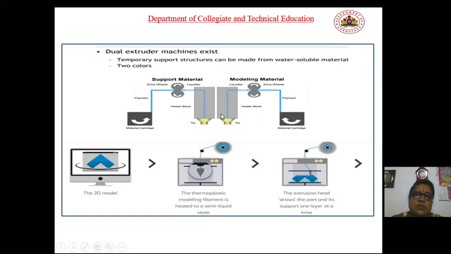It is filament based, and you can observe the drive wheels, the liquefier, the filament, the material cartridge, the heater block, and the tip. For modeling material we have to go for the supporting material, which can be dissolved once the model is done. So this is the actual model.